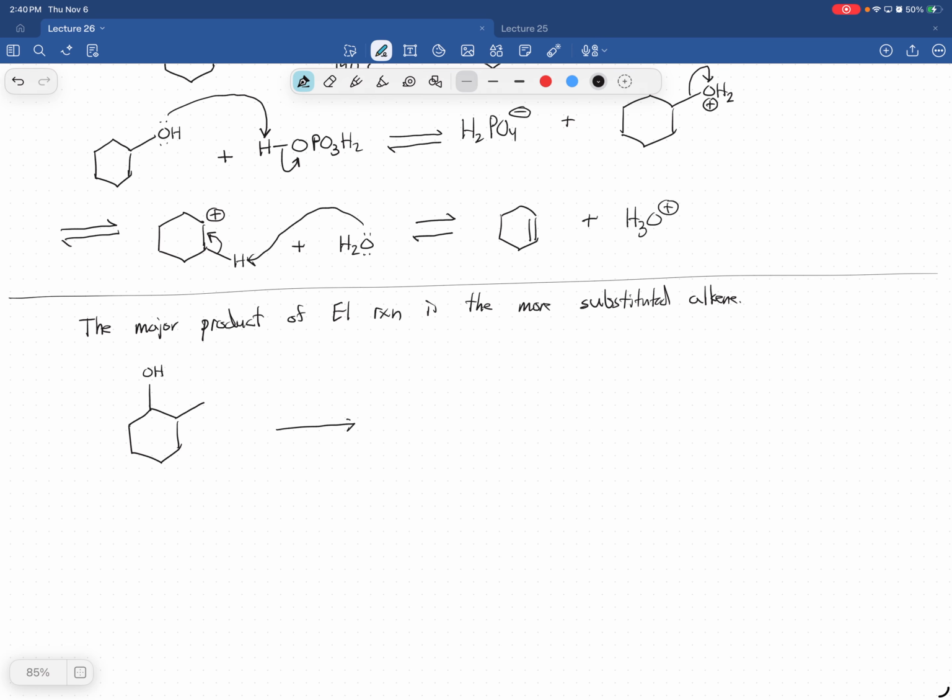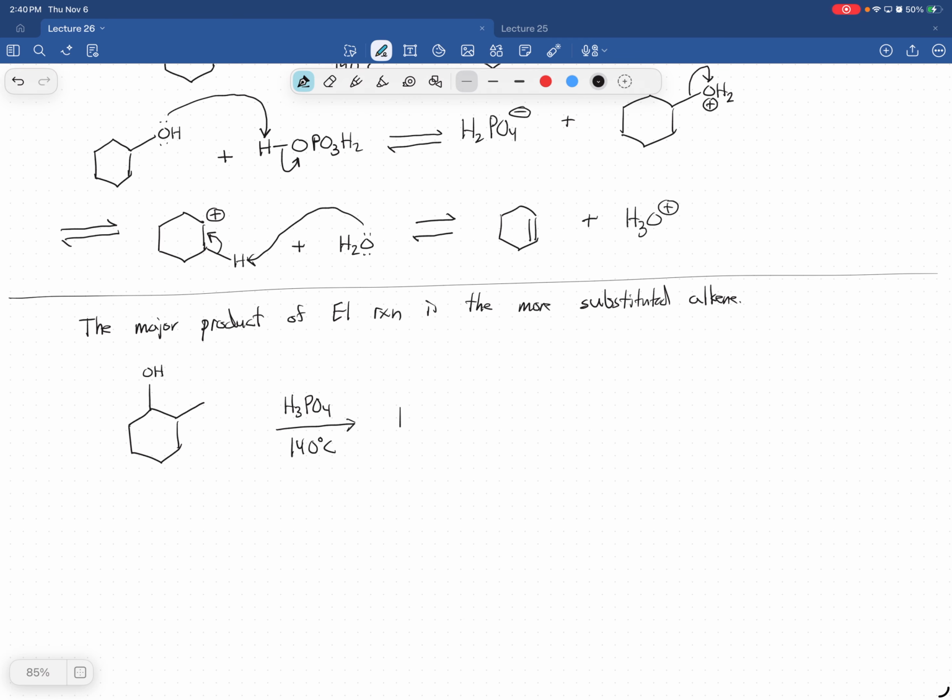Same conditions: phosphoric acid or sulfuric acid, doesn't matter. So what kind of alkene would you form here? There's two ways we can form an alkene, to the left of the OH and to the right. Which one would be the major?